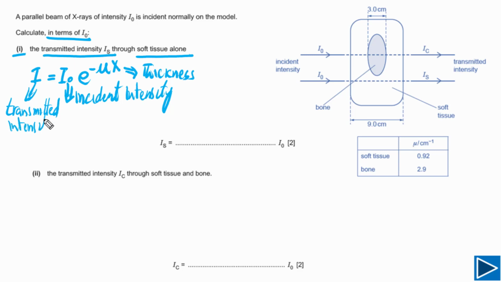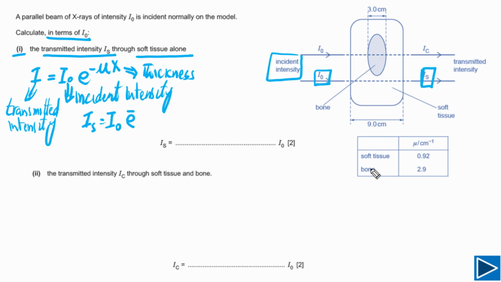If you look at the given figure, the incident intensity is I naught, and the transmitted intensity is IS. The question is asking us to find IS in terms of I naught. We can rewrite our equation: IS equals I naught e to the power of minus mu x.